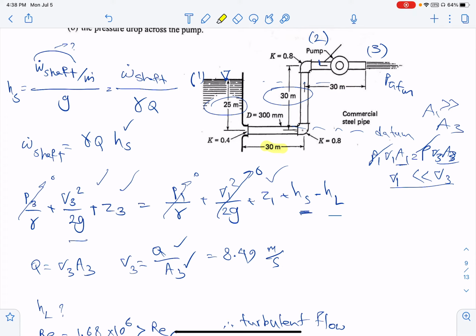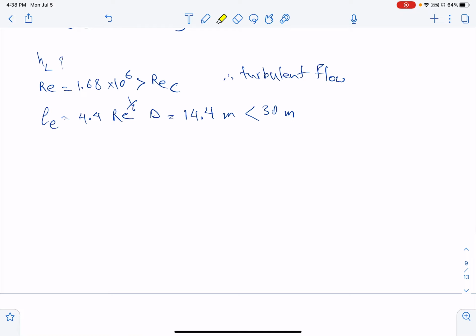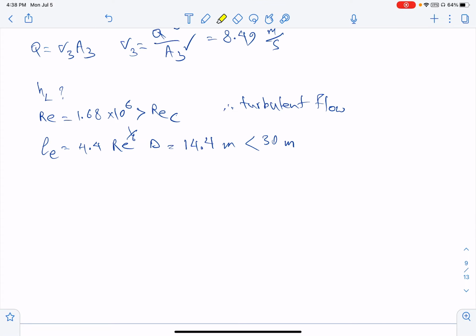Now we were talking about HL. When we said that 14.4 is less than 30 meters, it means that we have fully developed flow.